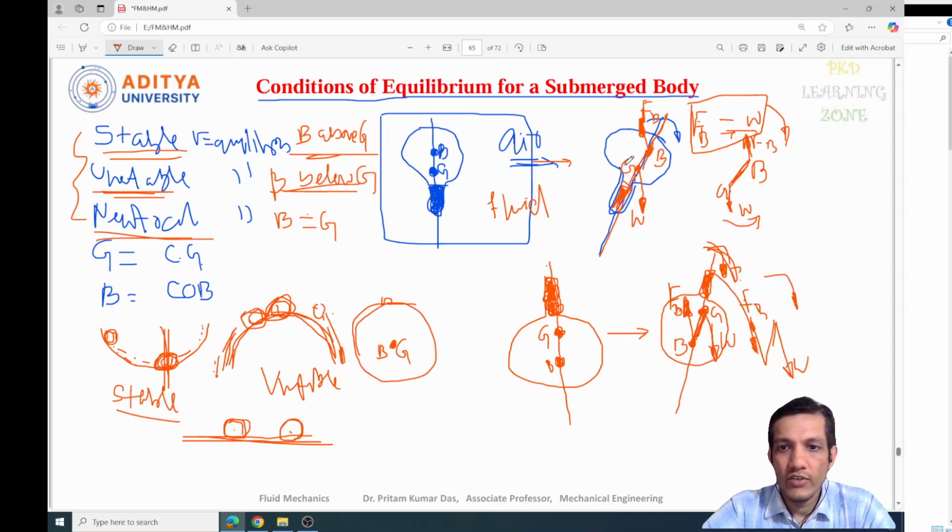And for the stable condition we saw, the body can go back to the original position because it moves in the anti-clockwise direction. So I hope you understand the conditions of equilibrium for a submerged body when the body is inside a fluid and how it is moving.